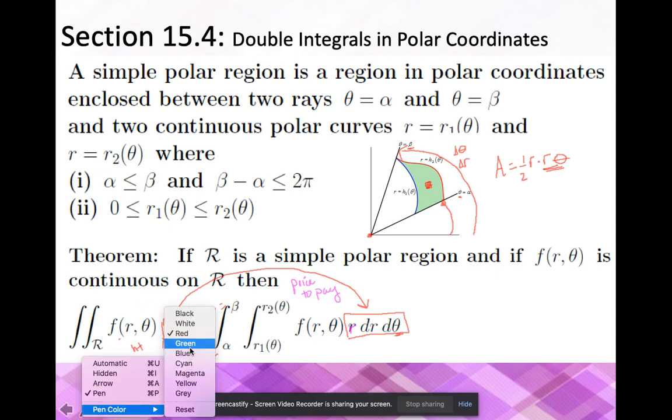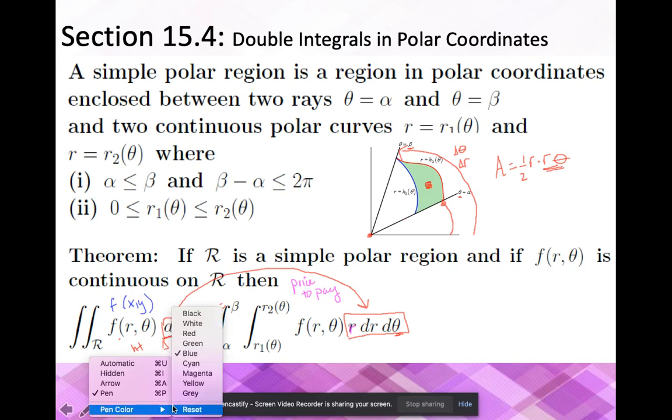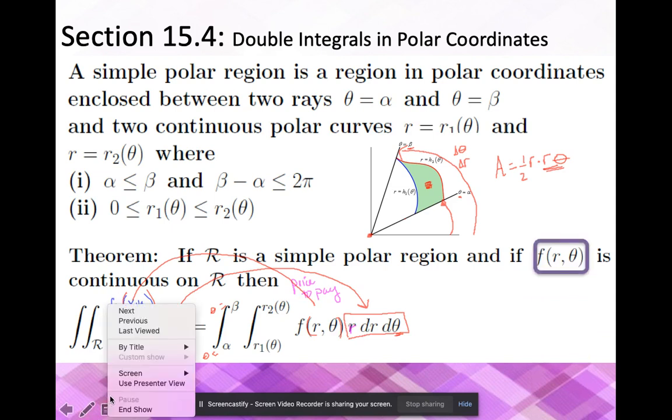If it is not, sometimes I'm going to give you a function in terms of x and y. Then, using the formulas that I gave you before, you also have to transform this into r comma theta. Okay, so let's try one.